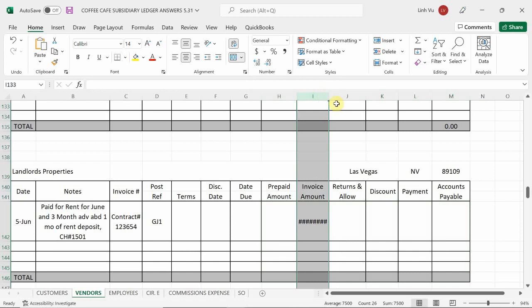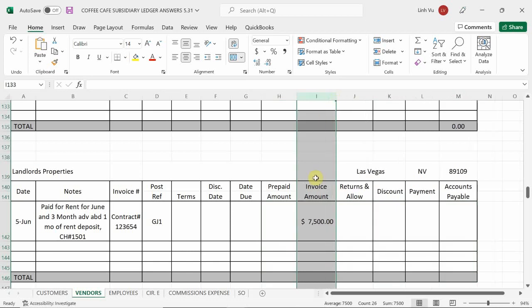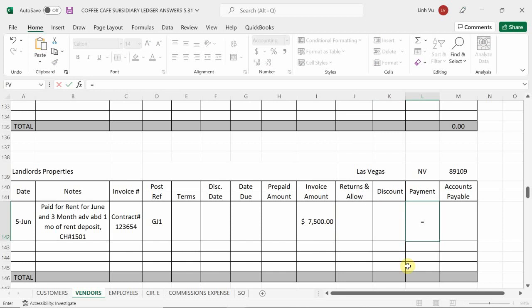That was my total invoice. Did I get any refunds and returns? No. Did I get a discount? No. Did I pay? Yes, you did. You paid with check 1501.